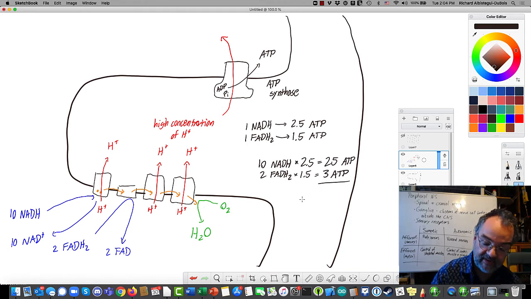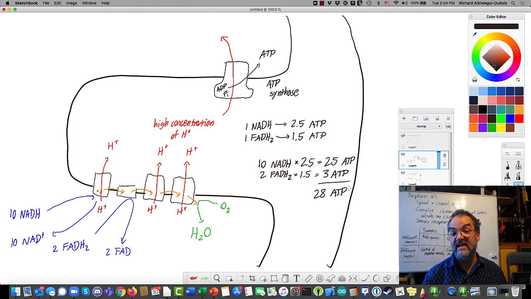So this step, oxidative phosphorylation, gives me enough energy to make about 28 ATP for every glucose that started this whole process.